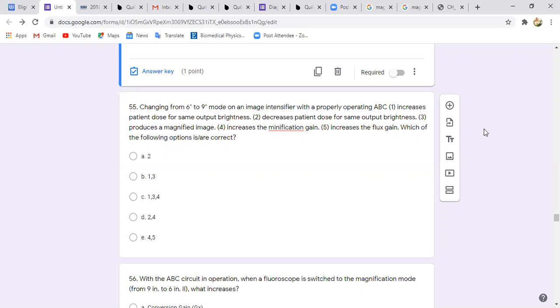Okay, let's go. Does it increase the patient dose? If we change from 6 to 9, are we increasing the patient dose? No. It depends on whatever the radiologist wants to do, or the urologist, or the orthopedic surgeon who wants to use the fluoroscopy machine, or even the neurosurgeon, as the case may be.